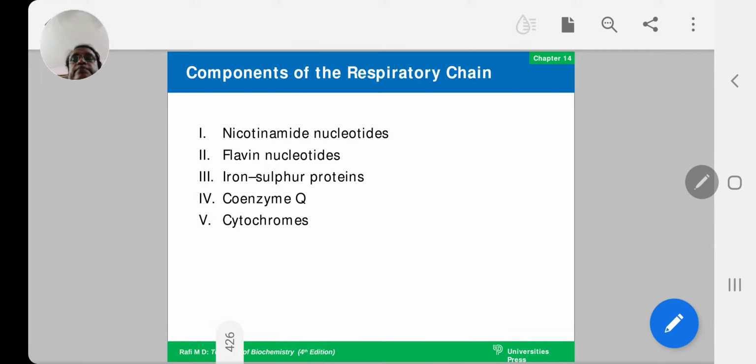Flavoproteins can participate in either one or two electron transfer, hence they can act as a bridge molecule between reactions in which two electrons are donated.